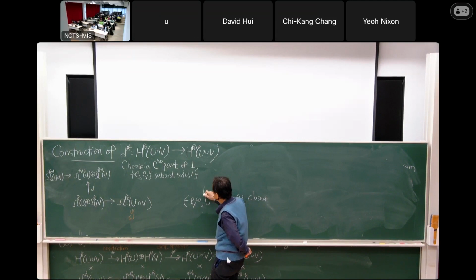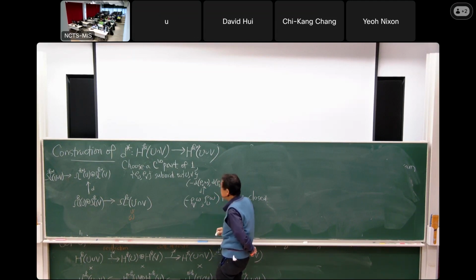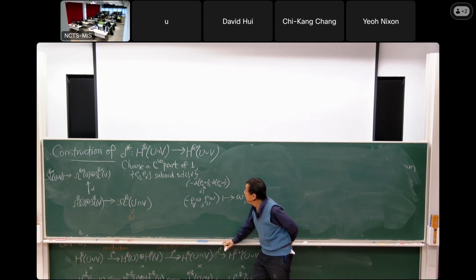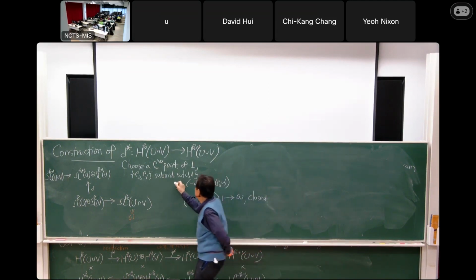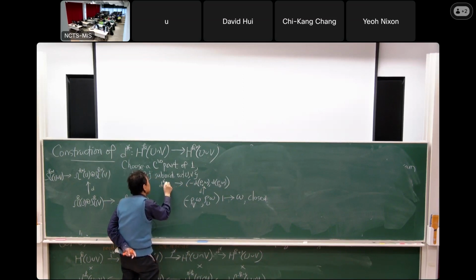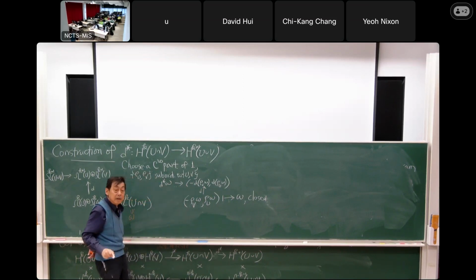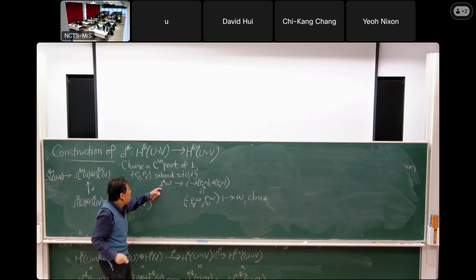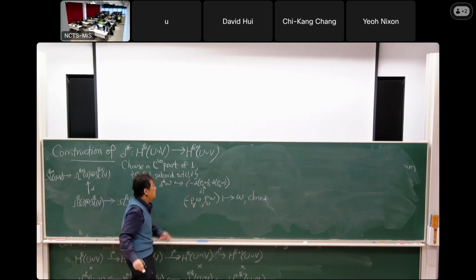And then it's going to go to d of these two forms, minus the rho V omega, the rho U omega. And we know that there's a form that has to map there, and that form is the upper star omega, okay? And this map is a restriction.